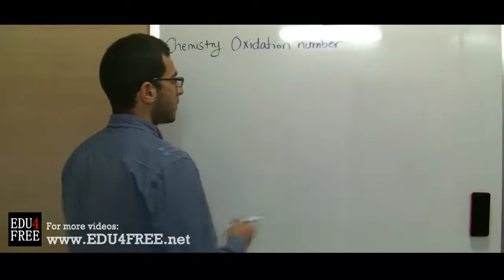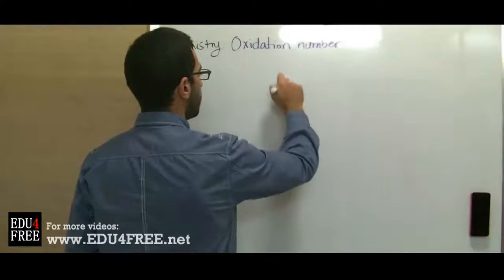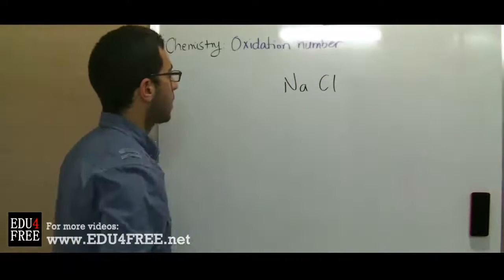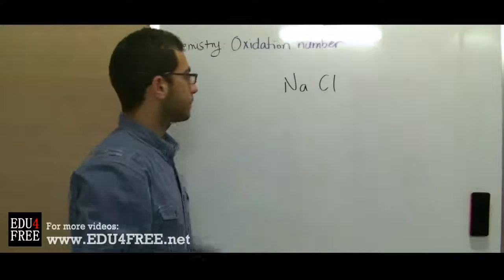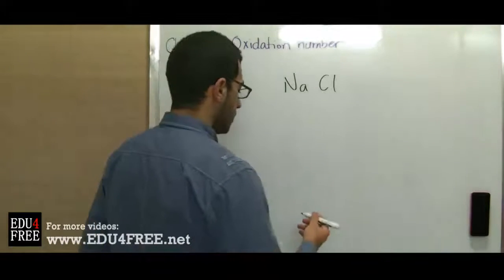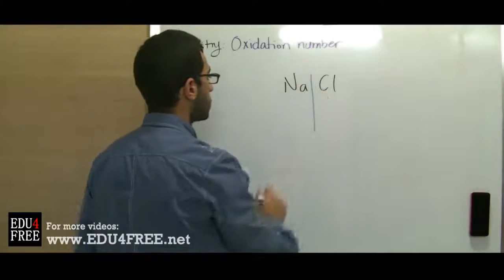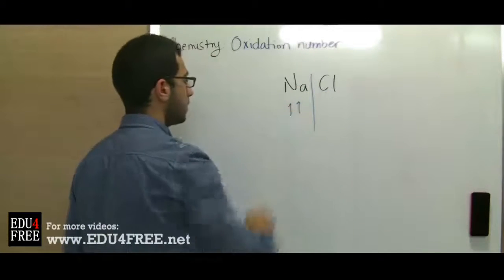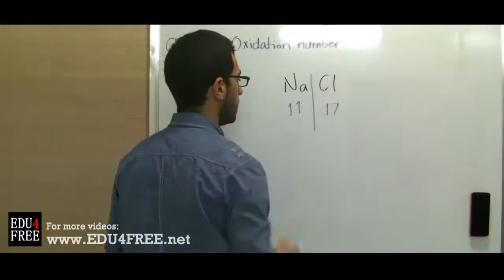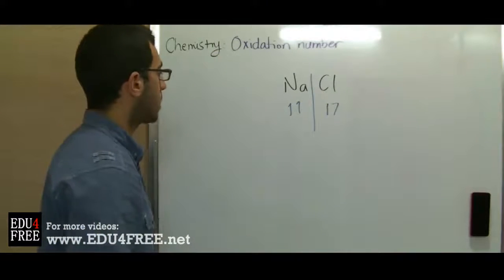So basically the idea is something like that. In sodium chloride, as an example, sodium contains 11 electrons and chlorine contains 17 electrons.